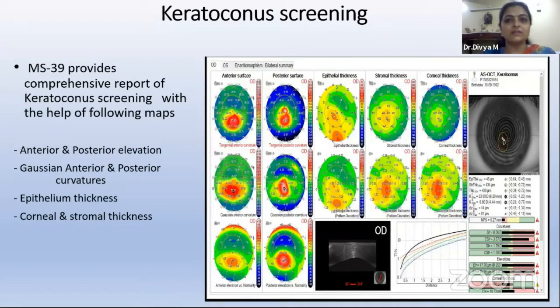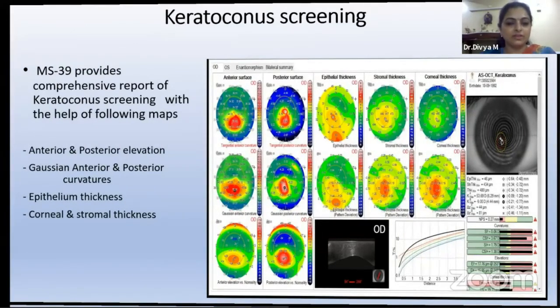So this is the keratoconus screening, which is a part of this software. This actually gives us an idea of every map separately. So it splits the anterior surface, the posterior surface, the epithelial thickness, stromal thickness, and the total corneal thickness. Everything is divided, and it gives us an idea of what exactly is causing an issue and whether the patient that we are screening is the right candidate for any refractive surgery.